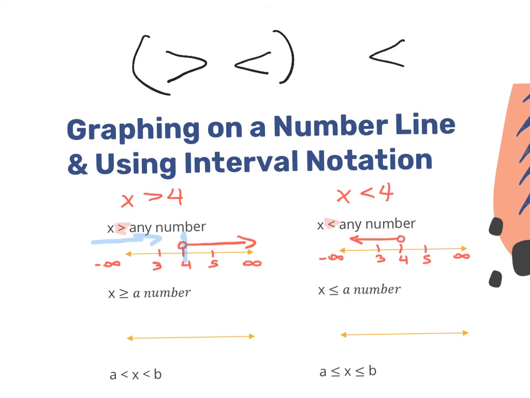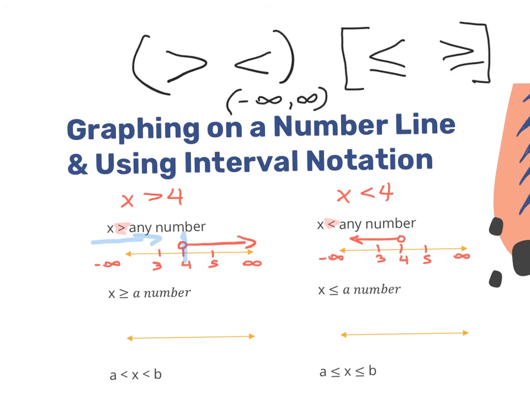If it's a less than or equal to or a greater than or equal to, we're going to have brackets around the number. The infinity and the negative infinity will always get a parentheses around it.